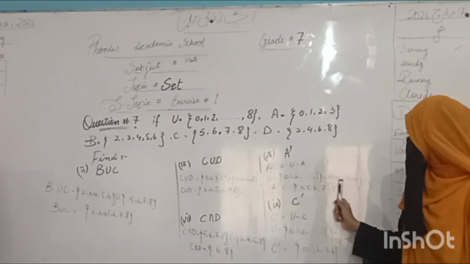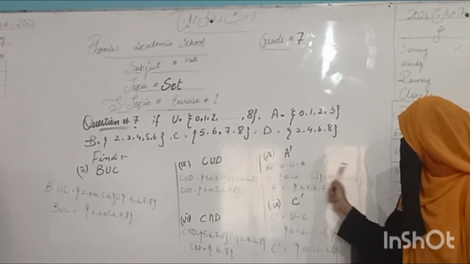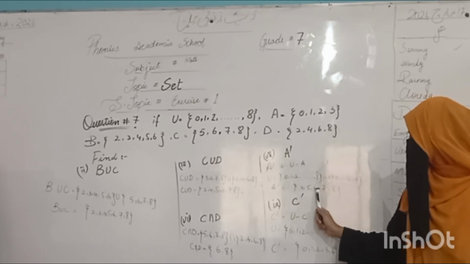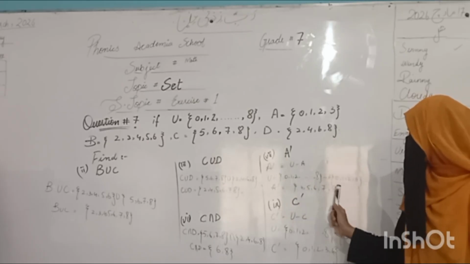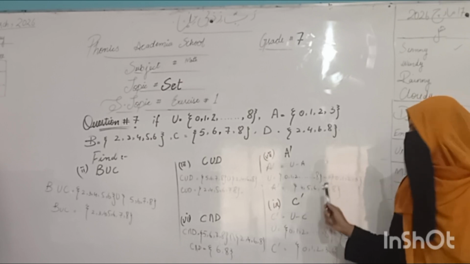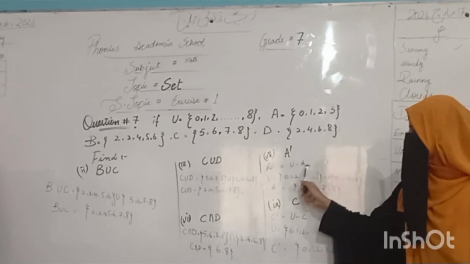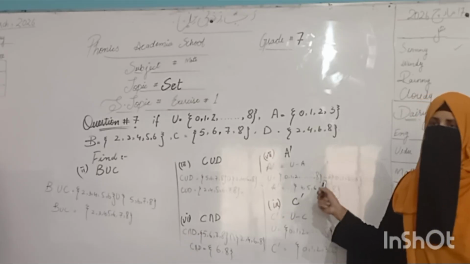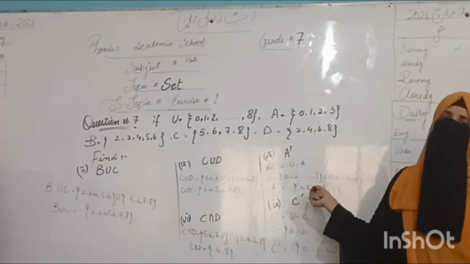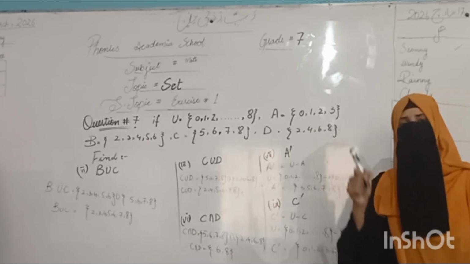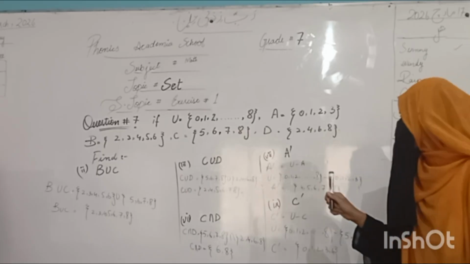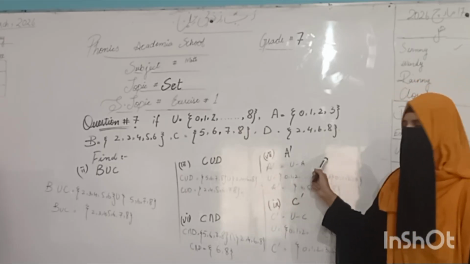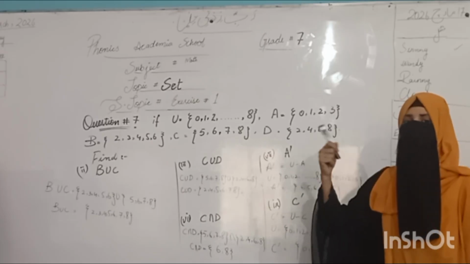And A is equal to 0, 1, 2, 3. When you subtract this from U, the answer is 4, 5, 6, 7, 8. The left members you write in the bracket. It is called A universal. Remember that when you find the universal of any set, you subtract that set from U.